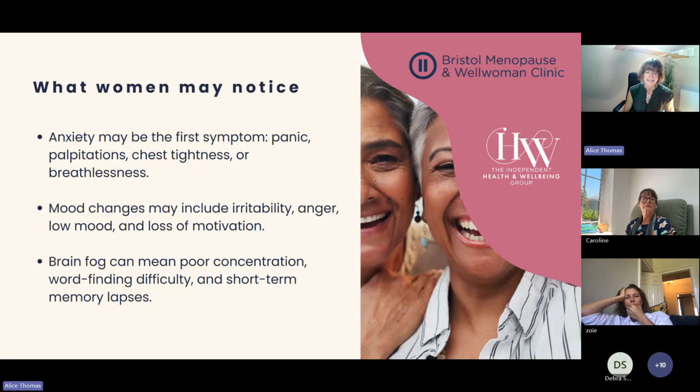Some women experience severe low mood with persistent sadness, feelings of low self-worth and hopelessness, with a loss of interest and motivation. And during this time period, the risk of clinical depression increases, especially in women with a history of mood disorders.